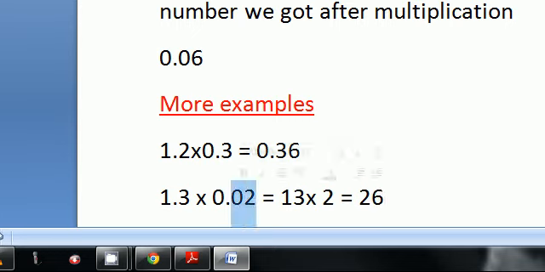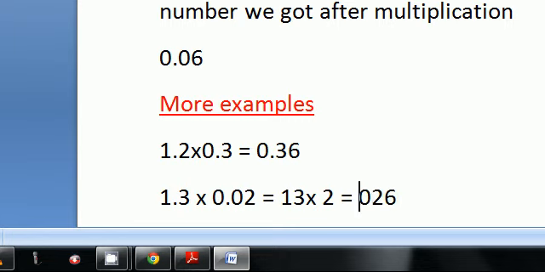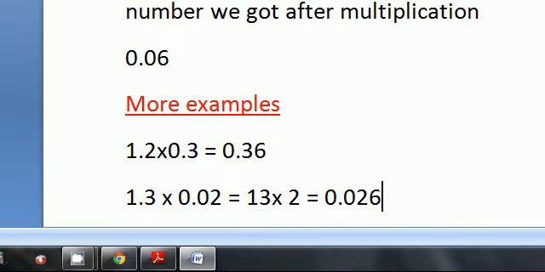Here we have 2 digits to the right of the decimal, here we have 1 digit to the right of the decimal. In total we have 3 digits to the right of the decimal. So we'll move back 1 place, 2 places, add a 0, move back a 3rd place, decimal point and another 0. So 1.3 multiplied with 0.02 is 0.026. This step was to understand, so in actual practice we won't be writing this step.